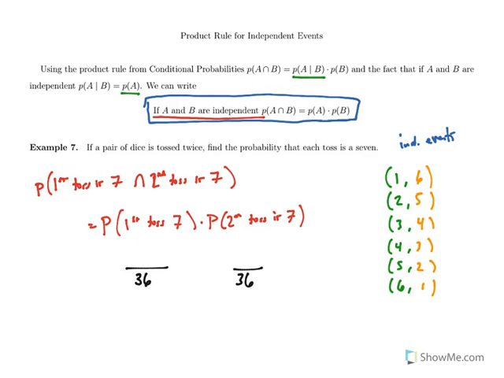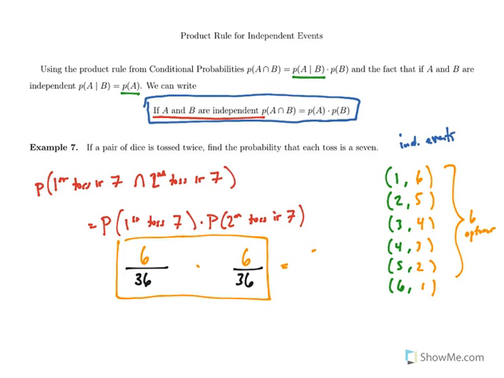So rolling a 1 and a 6, a 2, 5, a 3, 4, a 4, 3, a 5, 2, and a 6, 1 are all the ways we can get 7, and that is 6 options. So our probability is 6 over 36 for both. There is our probability. We can write that as 6 over 36 squared, which is 1 over 36.